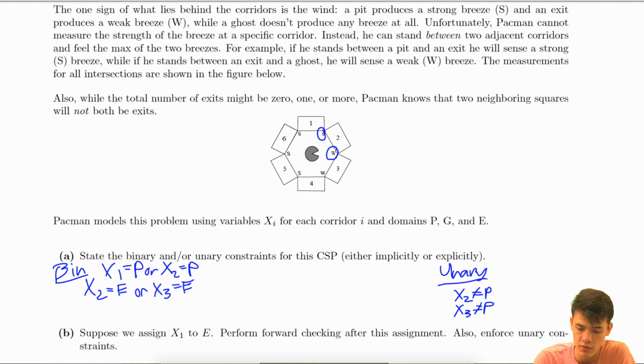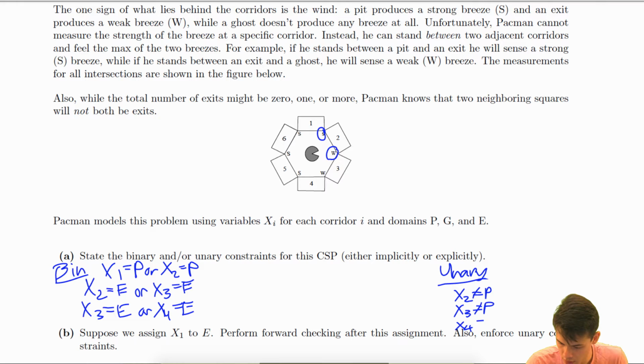Moving on clockwise, we have a W between 3 and 4, so we're going to do something similar. We're going to say x3 is an exit, or x4 is an exit, right? For the same reason as before. And then likewise, we get x4 cannot be a pit for the same reason as we had for 2 and 3.